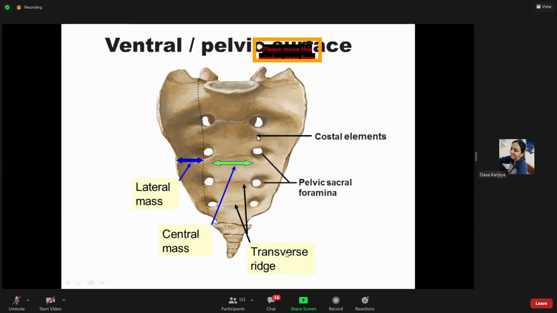The portion which lies lateral to the pelvic sacral foramen, or this lateral mass, is formed by the fusion of the transverse processes of each sacral vertebra. So the portion between the pelvic sacral foramina is formed by the costal elements, and the lateral mass, lateral to the pelvic sacral foramina, is formed by the fusion of the transverse processes of the 5 sacral vertebrae.